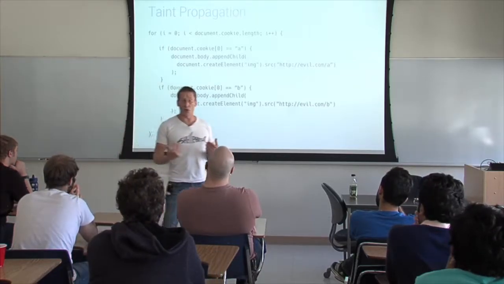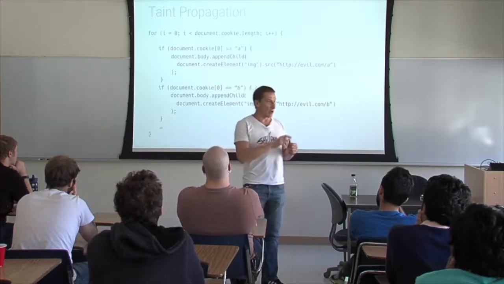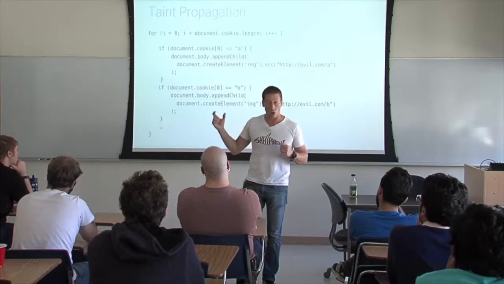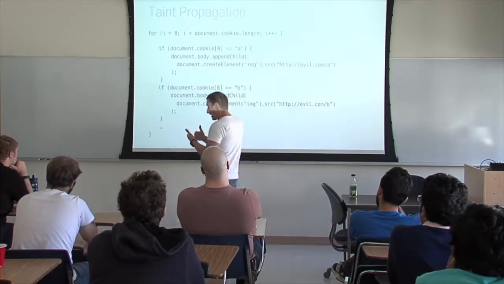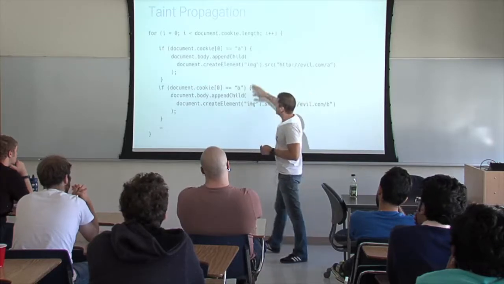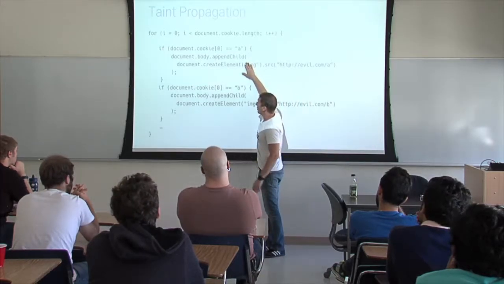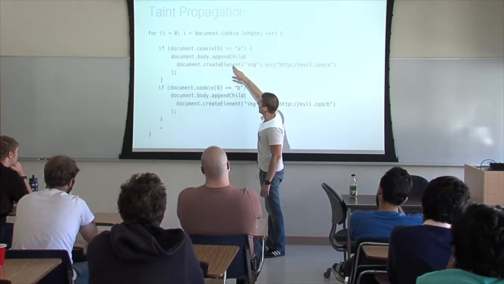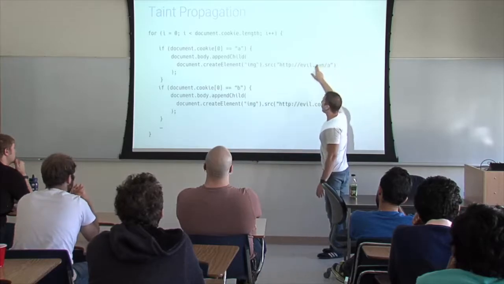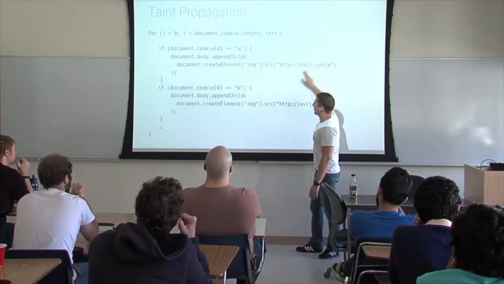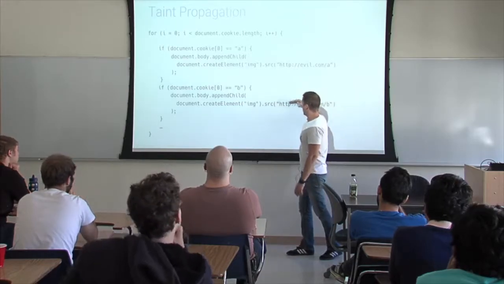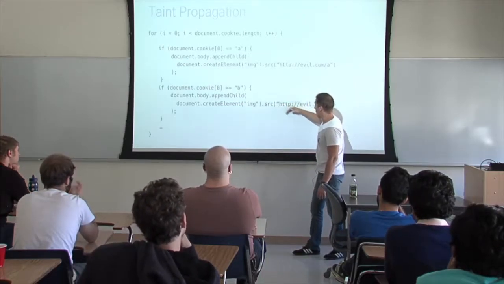But since they don't want to send out the document cookie directly, because they control how the data in the cookie is passed between variables, somebody came up with the idea of saying, oh, if the first letter in the cookie is A, then I'm going to ask for evil.com.a. If it is B, I'm going to ask for B. And this site is under the control of the attacker.